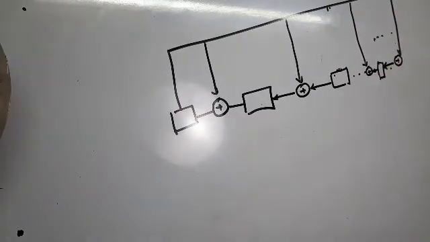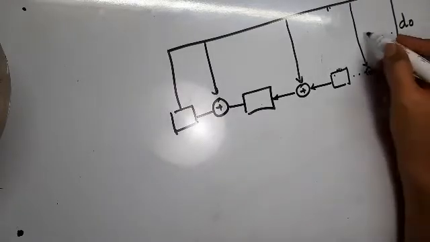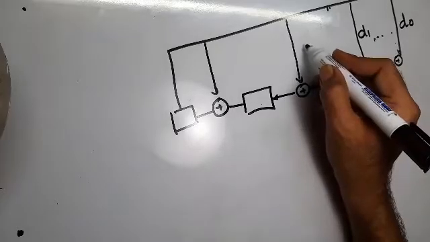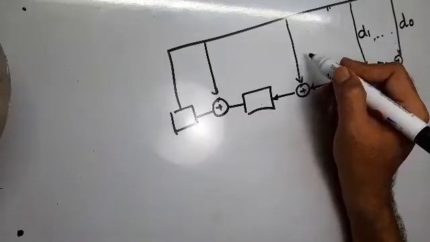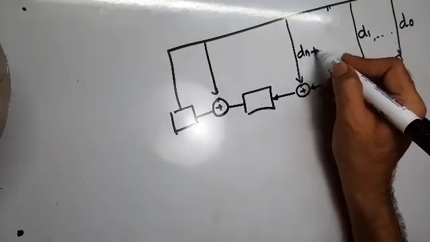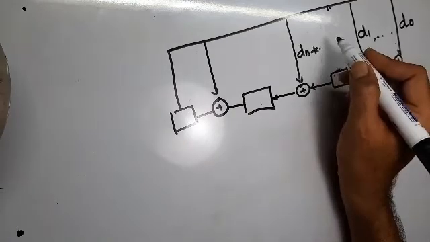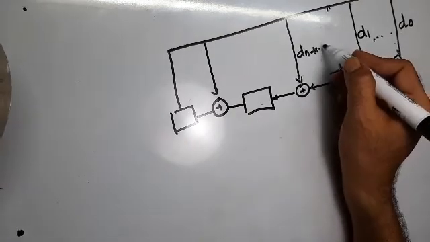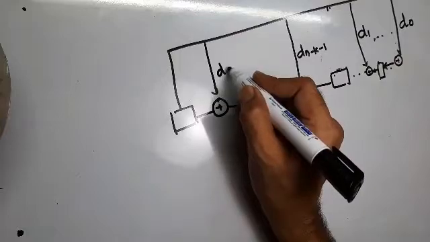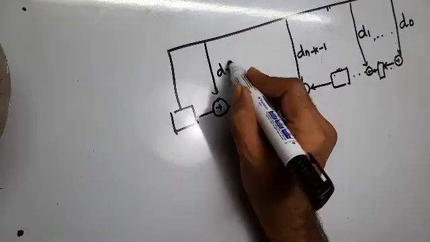Fine. So this is a diagram for the general one, D0, D1, and so on, D(n-k), and this is k minus 1.